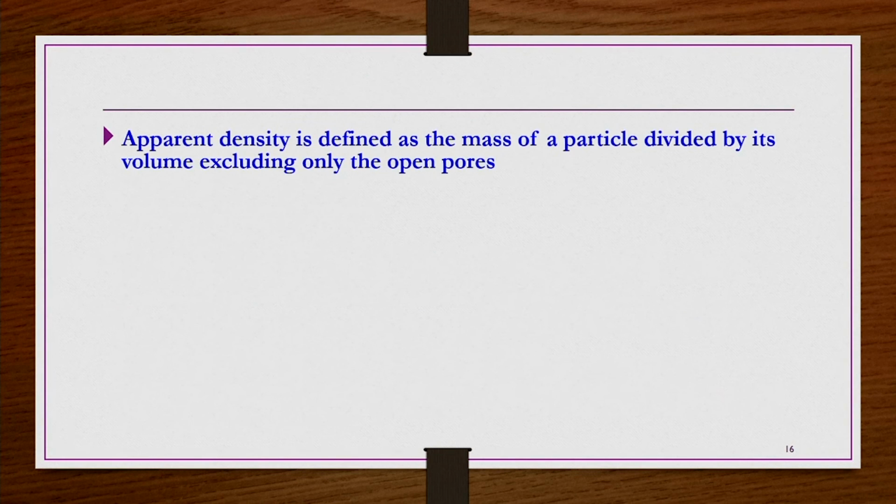But if you exclude only open pores, that is, if from the total volume of the particle you subtract the volume of the open pores alone, not the closed pores, then whatever density you get is the apparent density.